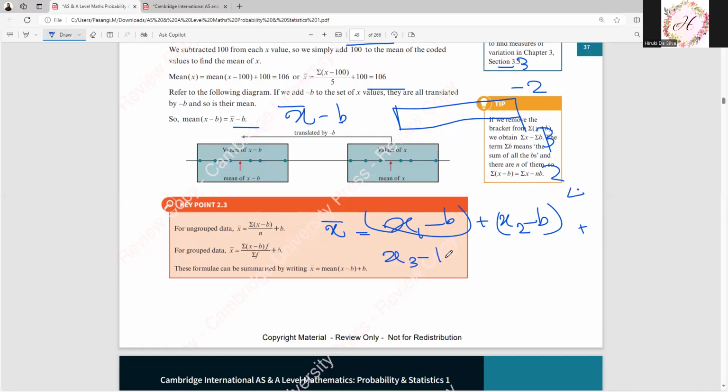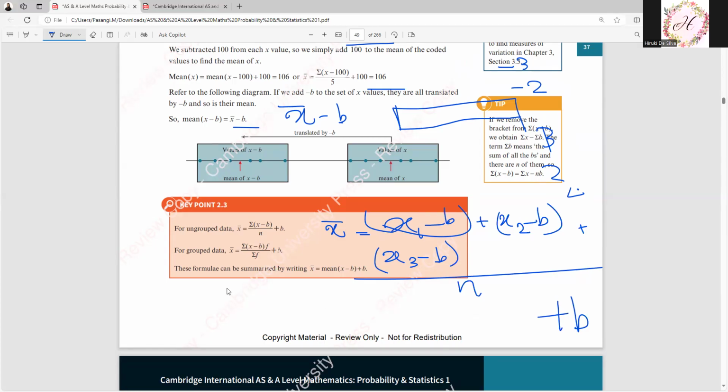Likewise, we calculate all the differences together and divide by the number of elements, and again add that b to get the overall x bar. If it's grouped data, coming to the topic of frequencies, we multiply each difference by the relevant frequency, and rather than dividing by n, the number of elements, we divide by the total frequency, and then again add this b as well.